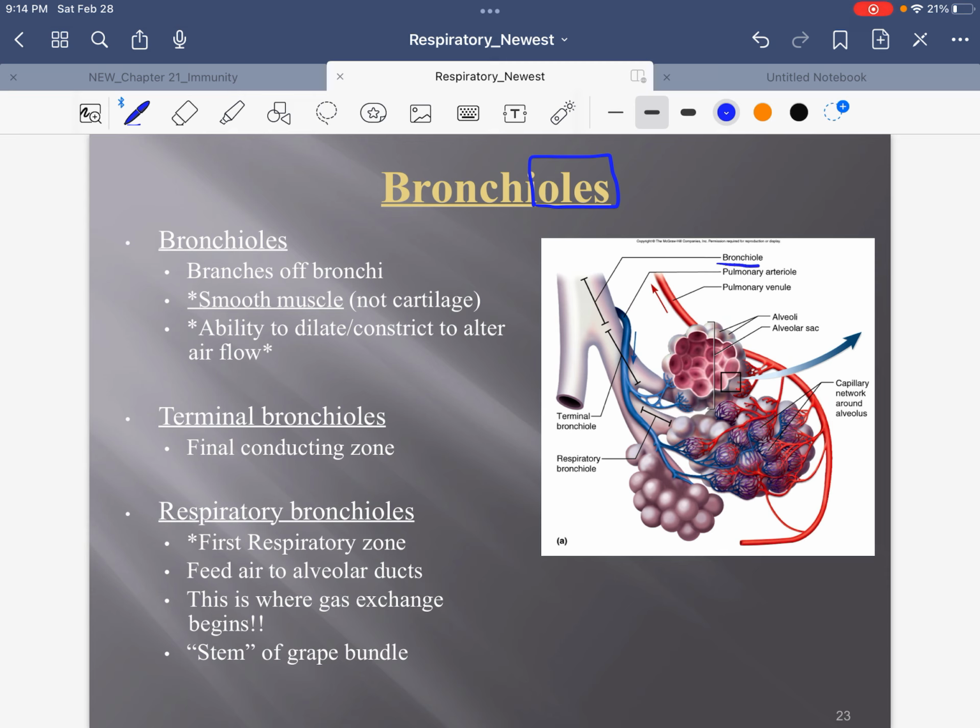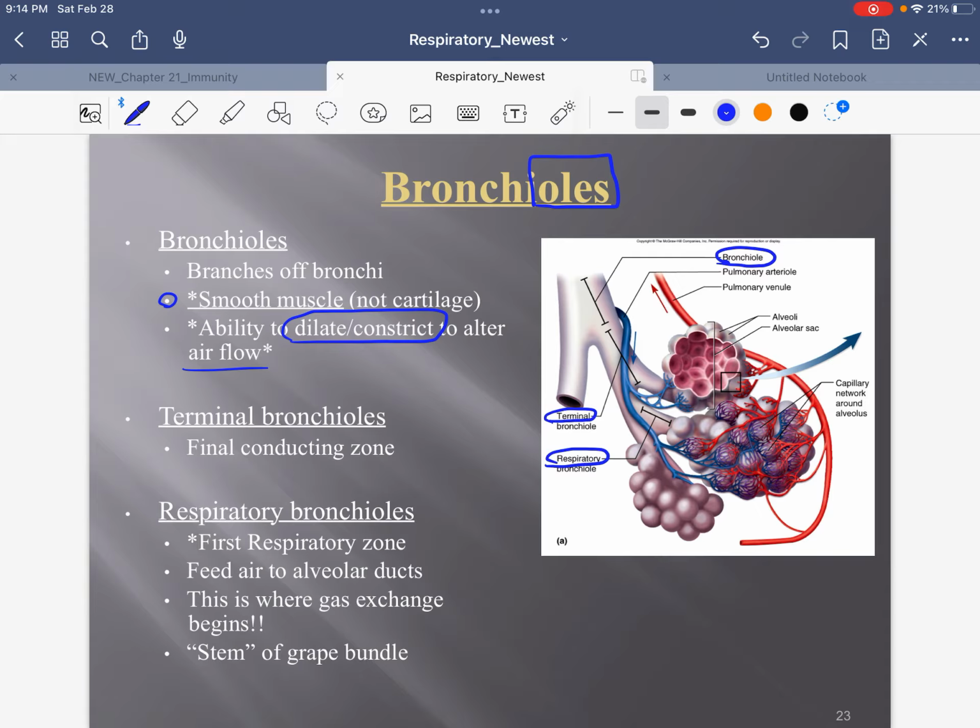And the order is just a regular bronchiole, then we have the branches off that, which are terminal bronchiole, and then we have respiratory bronchiole. The key about these bronchioles, they're all smooth muscle, which allows them to constrict and dilate, to alter airflow. Does this sound familiar?